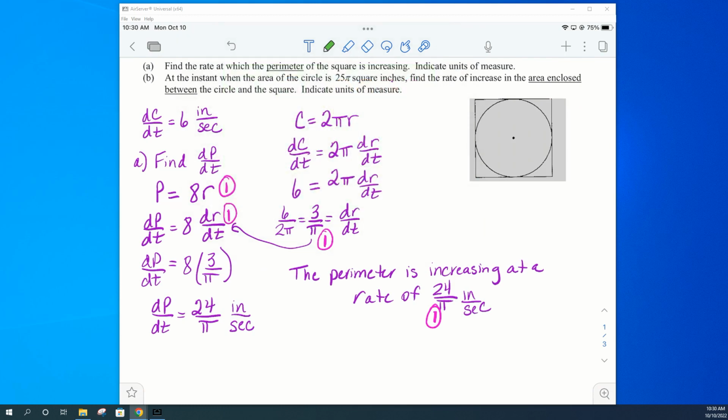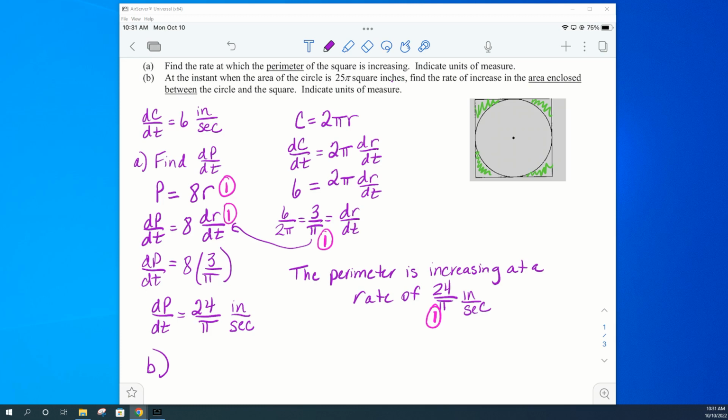I'm looking for how this area is increasing, the area enclosed between the circle and the square. Again, many ways you could write this. I have to be very thoughtful in my process of thinking this through.